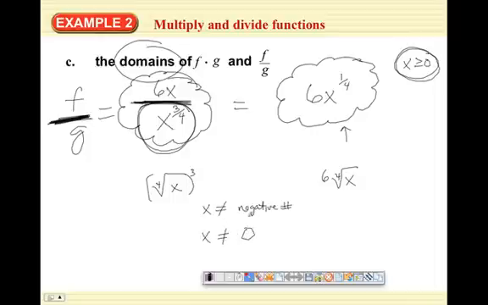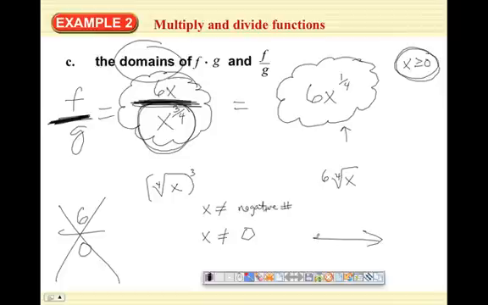You guys know why? Look at it. Because it's division. What if x was 0 right now? You'd have 6 times 0 over 0. You can never divide by 0. That's a no-no in math. You guys know that. So therefore, x cannot be negative and x cannot be 0.